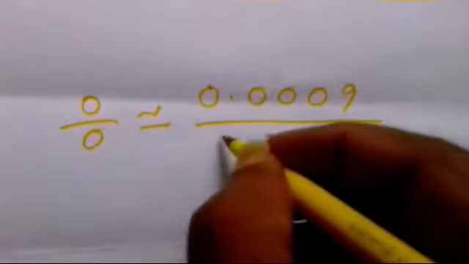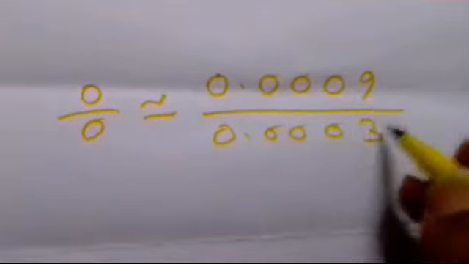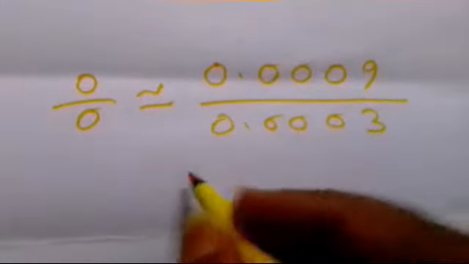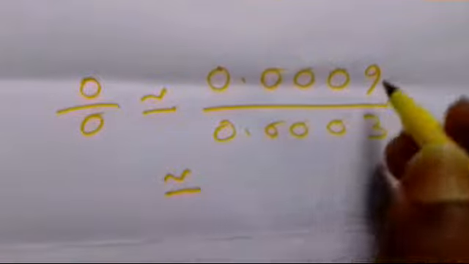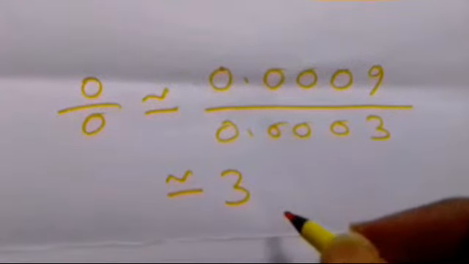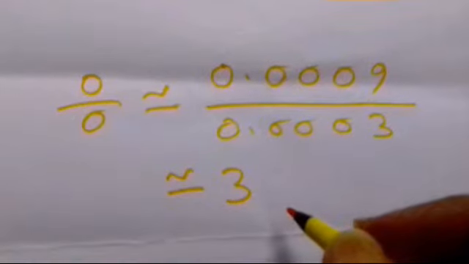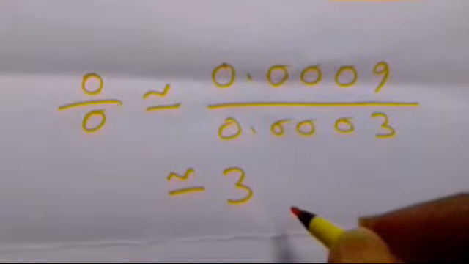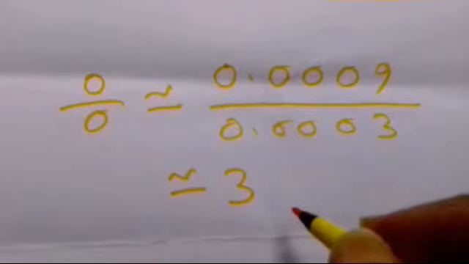Now if we take another case of 0 by 0, like 0.0009 and 0.0003 in this way, what happens there? That must be equivalent to a result of 3.